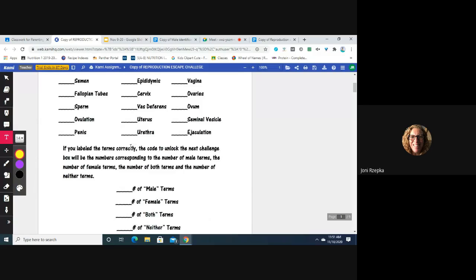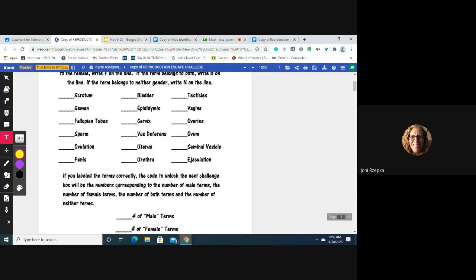terms correctly, the code to unlock the next challenge box will be the numbers corresponding to the number of the male terms, the number of the female terms, the number of both terms, and the number of neither terms. So for this answer, I would go up here and count all of my M's.